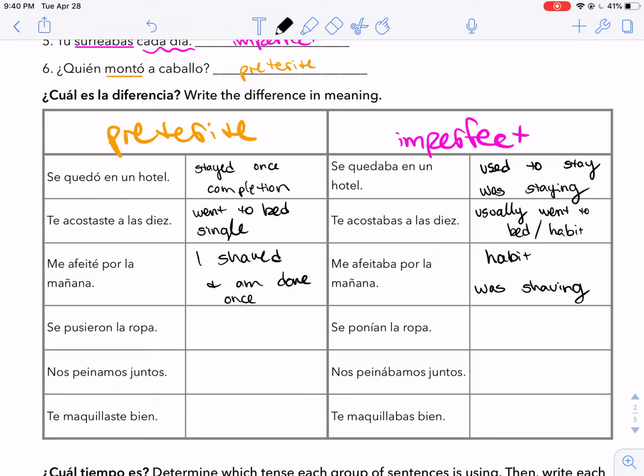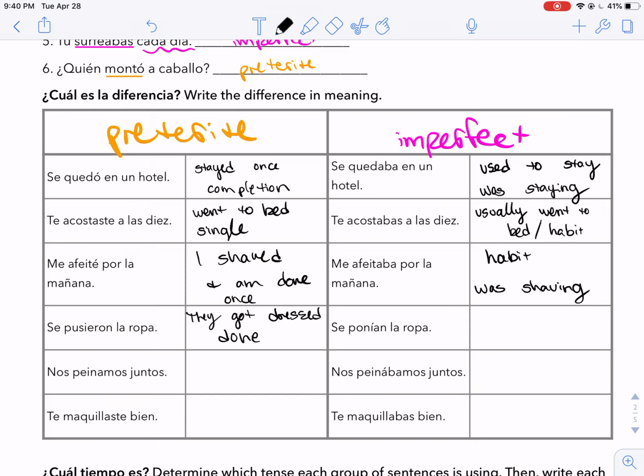Se pusieron la ropa. They put clothes on and they're done. So it's more like they got dressed and they are dressed.